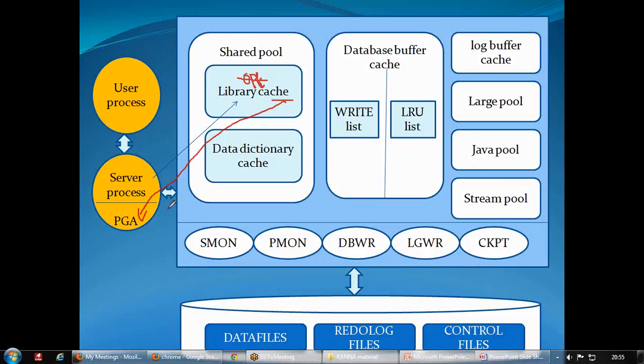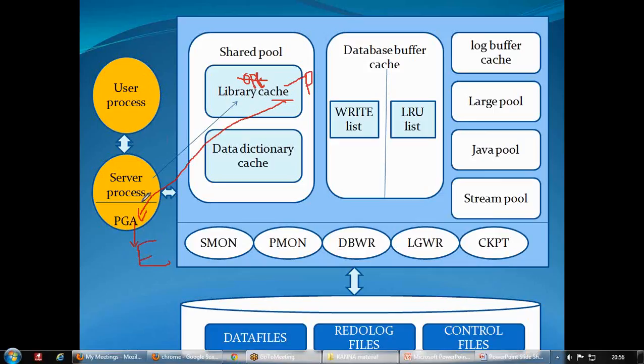So once the optimizer generates the best plan, the server process takes that plan and comes down to the PGA, and in the PGA the phase called execution takes place. So if parsing takes place in the library cache, execution takes place in the PGA.